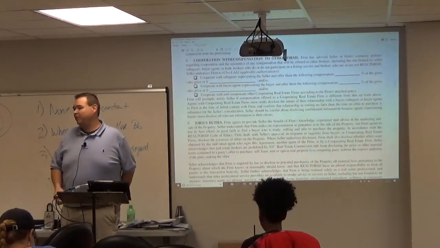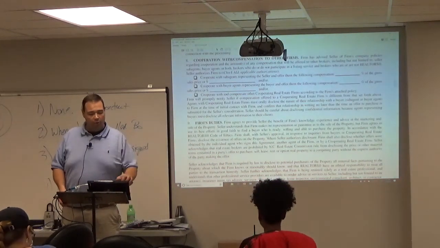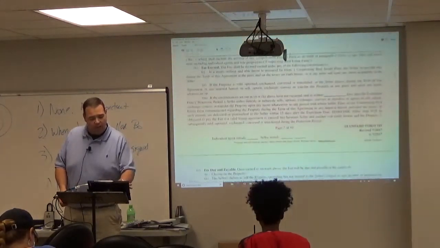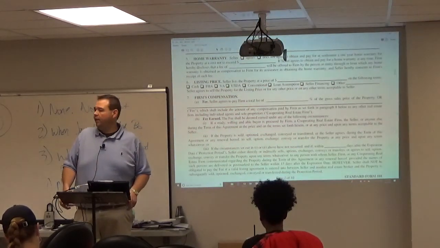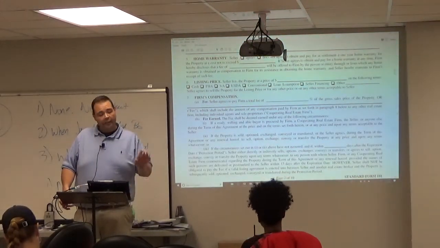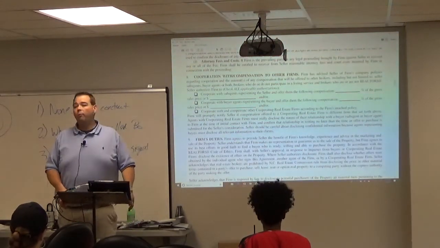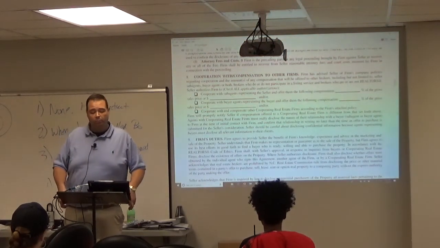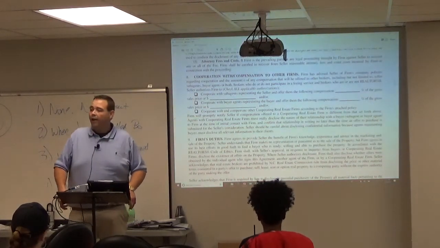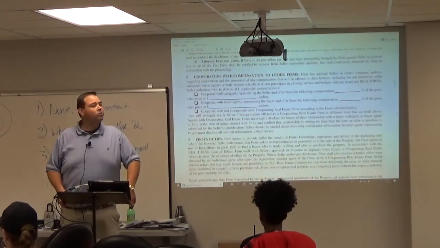I, as a broker in charge, have on occasion had these turned in. I look over on page 2 in paragraph 7 and I see firm's compensation, 3% of the sales price. And then I look over on page 3 in number 8, cooperation with other firms, and that second box is checked, cooperate with buyer agents representing the buyer and offer them 3% of the gross sales price.